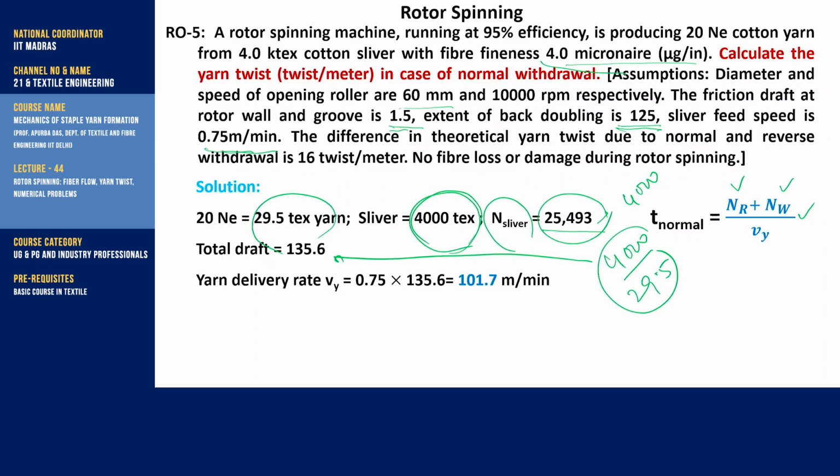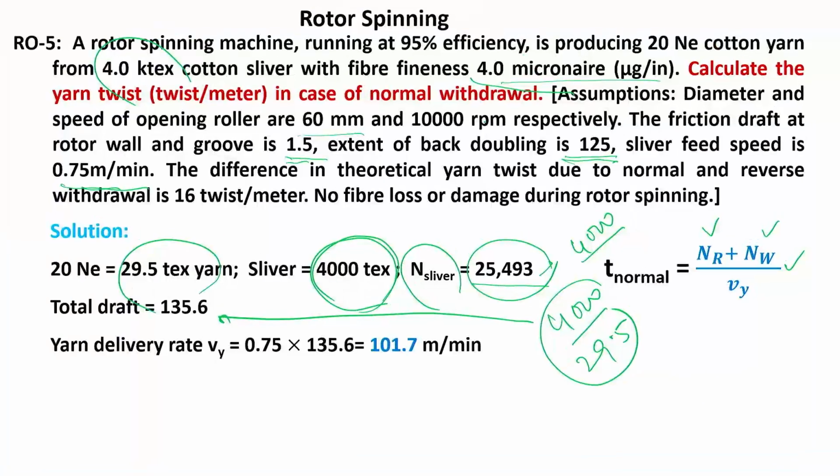So, producing from 4 kilotex, 4000 tex divided by 4 micronaire, from there we can calculate the number of fibers in the sliver.